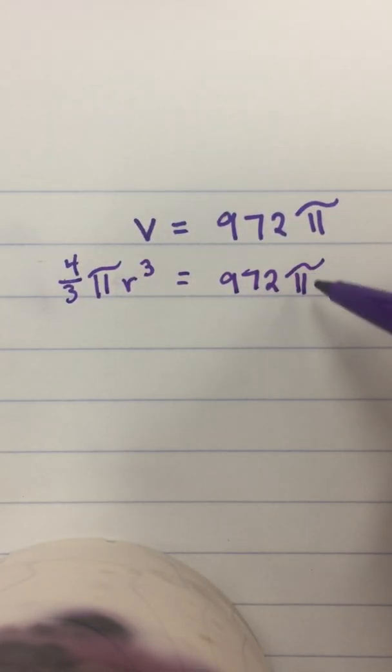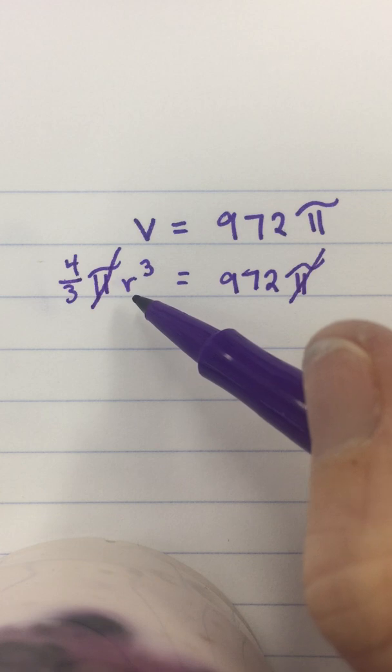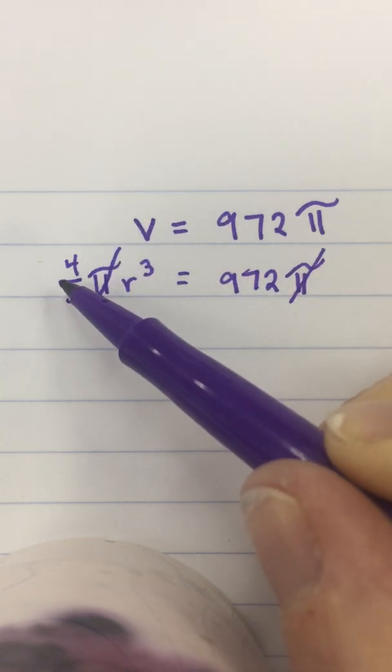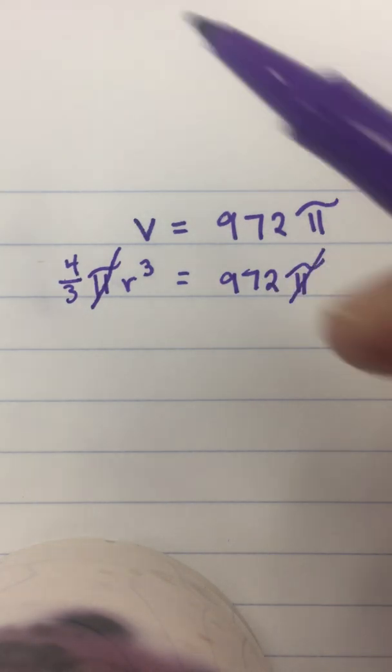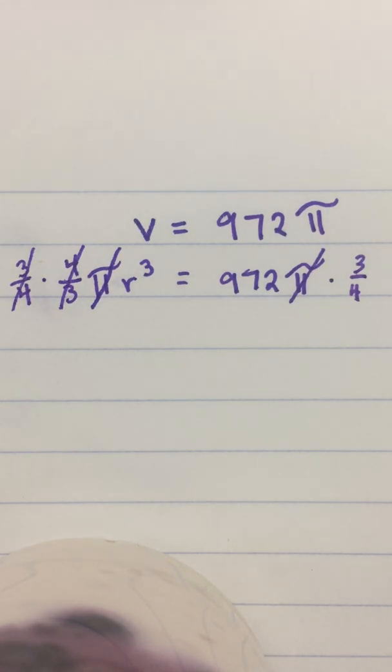Now we can do our canceling, so let's cancel pi right here and right here. Now, we want to start getting r alone in this equation, so the first thing I'm going to do is multiply by the reciprocal of 4/3 on both sides. So by 3/4, this cancels both of those out, and times 3/4 over here. And we're going to say 972 on the calculator times 3 divided by 4.